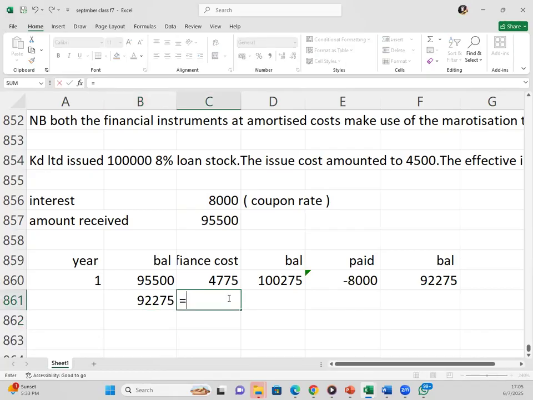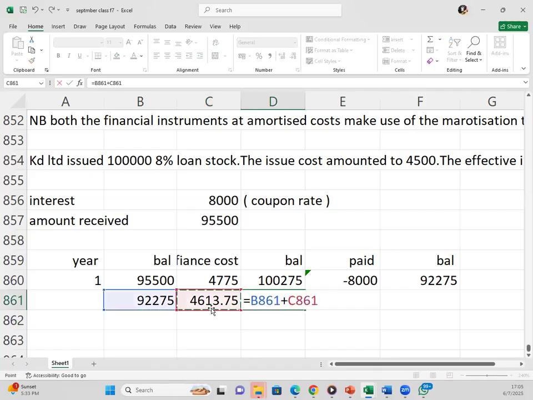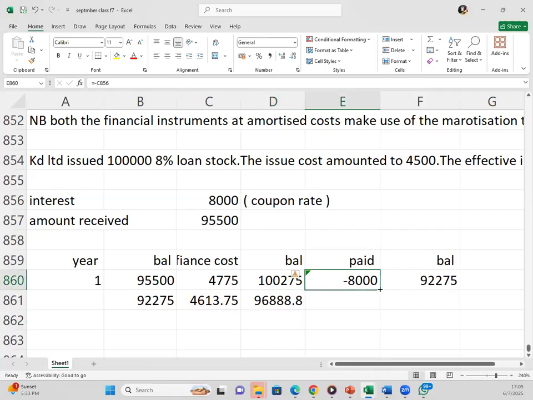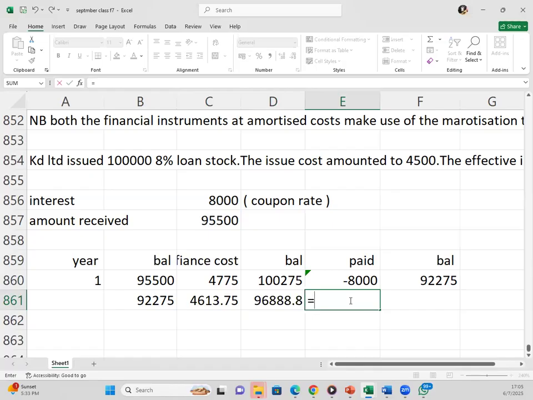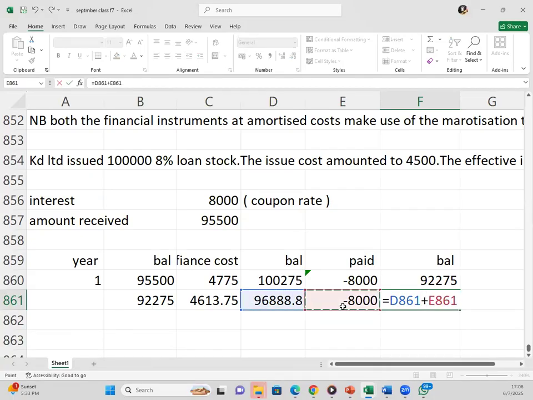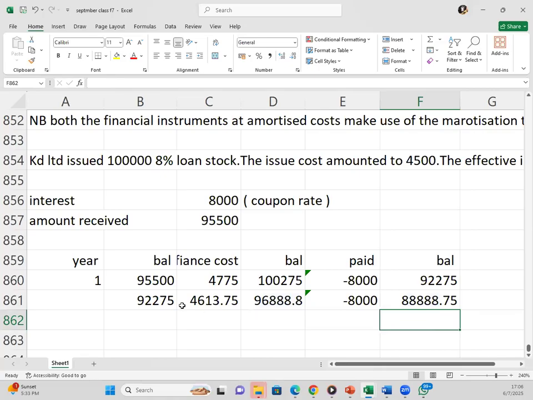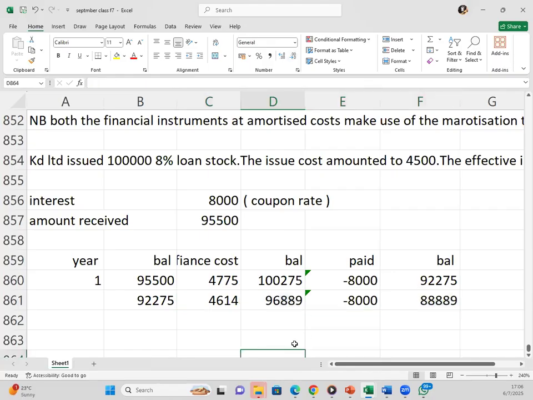Then the finance cost is 5%. This balance does not change, you drag it. Let's just do up to that.